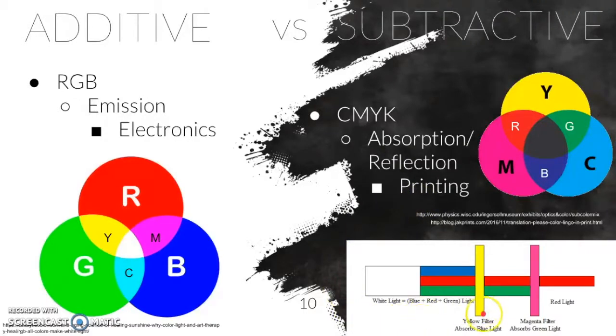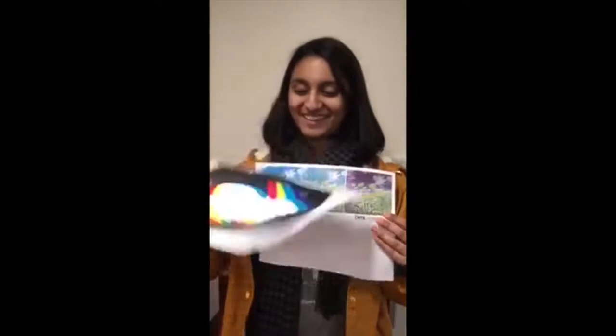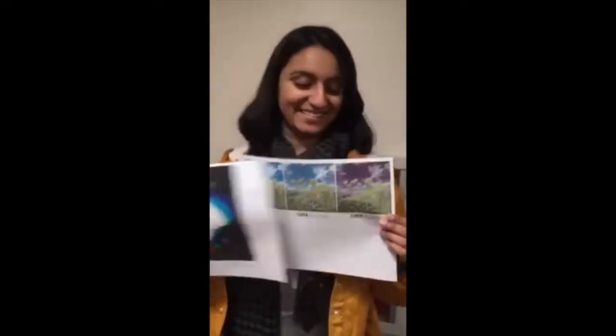So when you mix yellow and magenta, you're absorbing green and blue and are left with red light. Interestingly, the additive primary colors mix to form the subtractive primary colors, and vice versa.